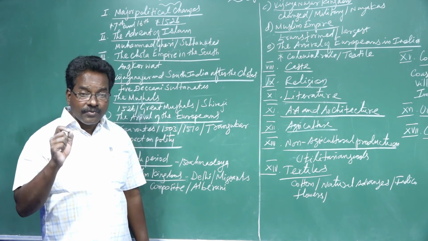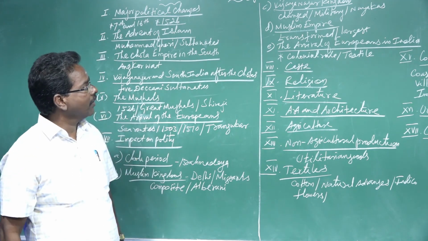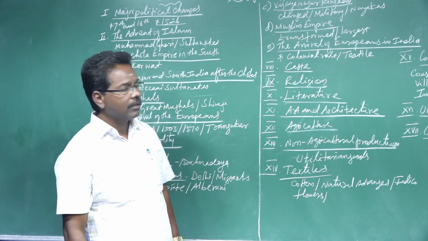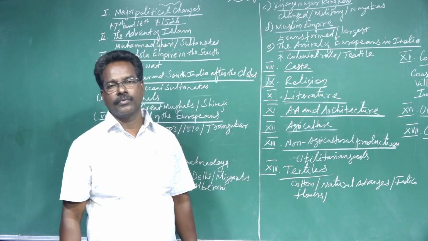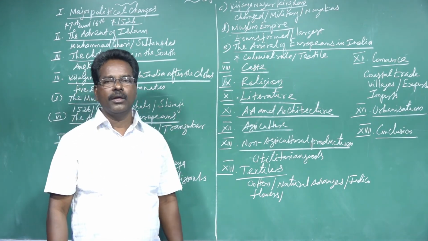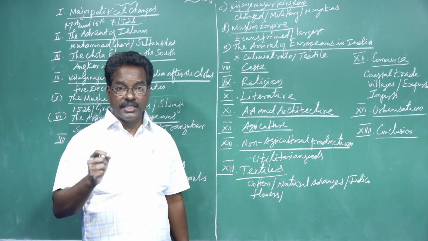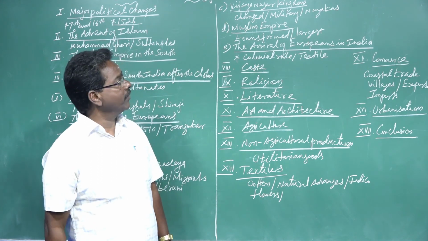They provided a lot of information about Muslim kingdoms, Muslim rulers and the medieval period. Who are called Nayakas? Military officers were called Nayakas. Who are called Palyakarars? Lesser military officers were called Palyakarars.